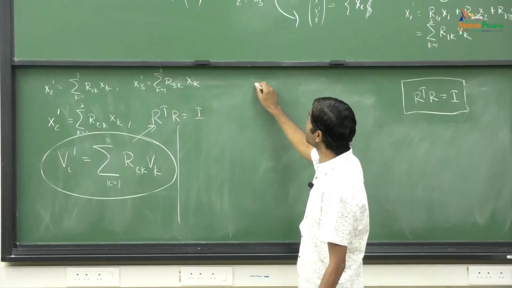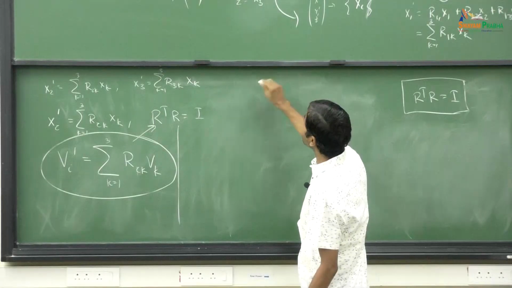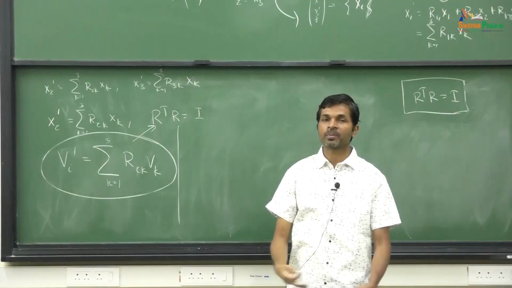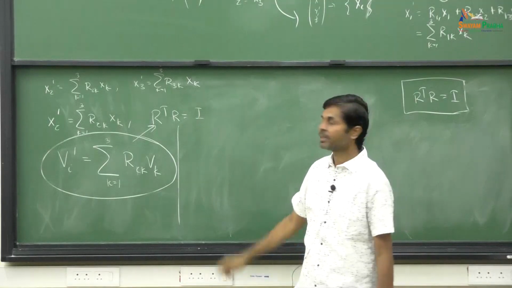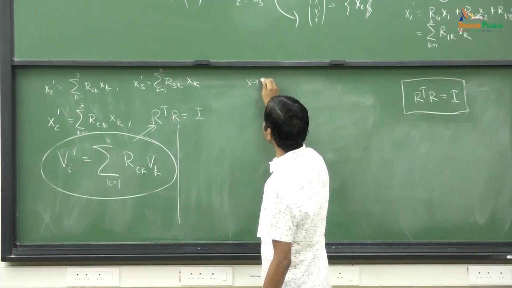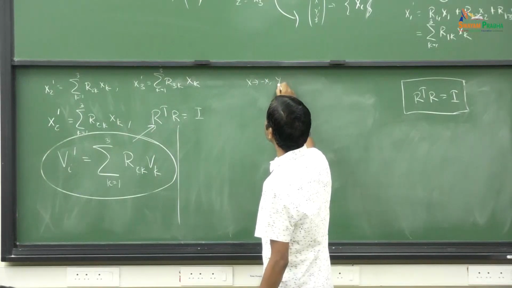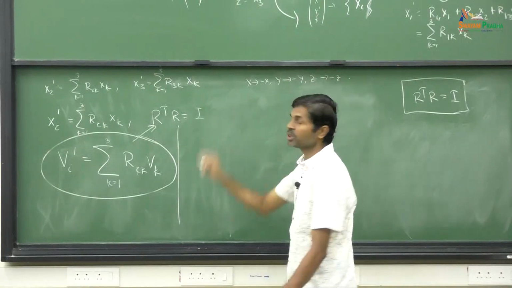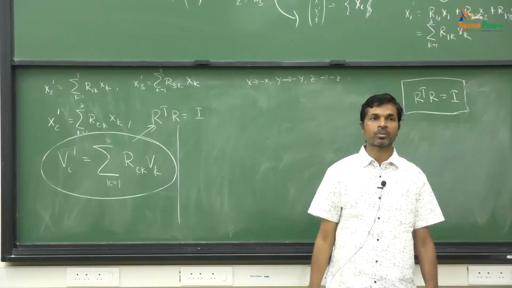Reflection basically means, I will call this parity. It is just another fancy name for reflection. It is a transformation which takes x to minus x, y to minus y, z to minus z. Such a transformation is called a parity transformation.